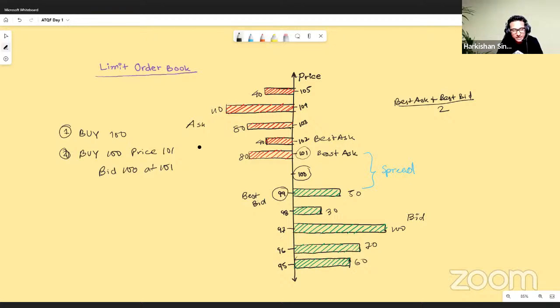So that chunk of 100 is sent to this block. He sent in 100 shares.